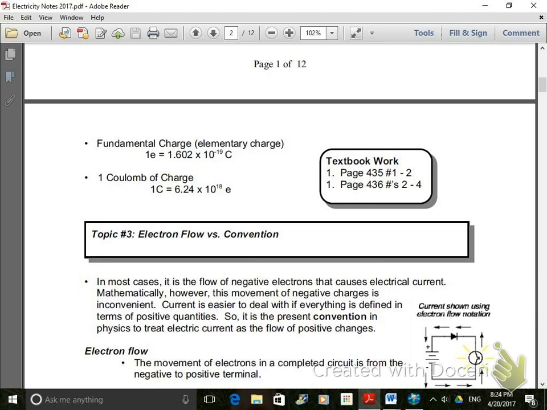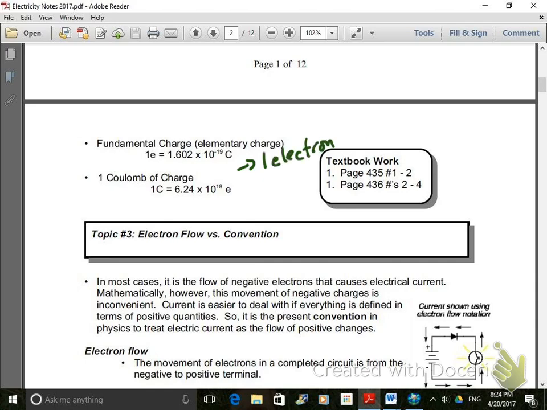Now, when we talk about charge, we have to actually quantify the charge because we've just been calling it Q so far. And so we come up with what's called a fundamental charge, or also called elementary charge. Those charges are really looking at the charge of one electron.